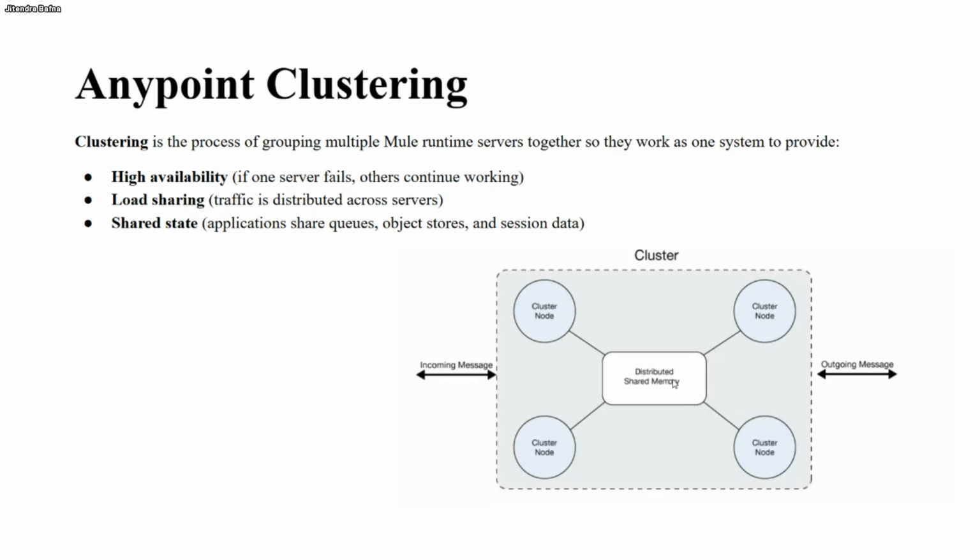Hazelcast is a distributed grid, which is where it stores all the object stores and shared queues that can be shared by the multiple nodes in the cluster. So each node will have access to the up-to-date object store, VMQs and session data.